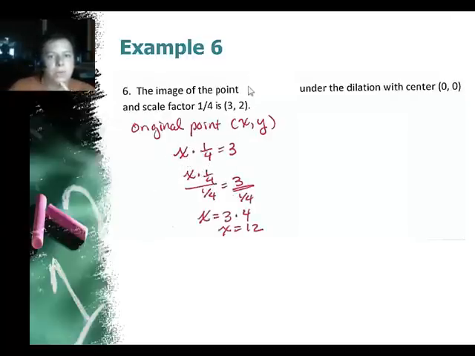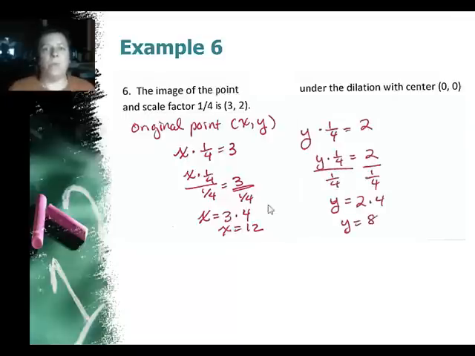If my original points are x, y, then x times the 1/4, the scale factor, has to give me 3. Then I can divide both sides by 1/4, and 3 divided by 1/4 is the same as 3 times 4, or 12. Doing the same thing for the y-coordinates, I end up dividing 2 by 1/4, which is the same thing as 2 times 4, and I get 8. So my original coordinates are (12, 8).